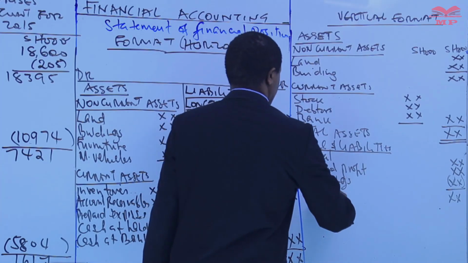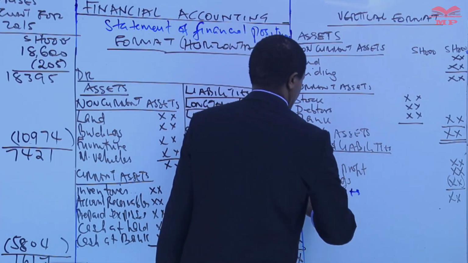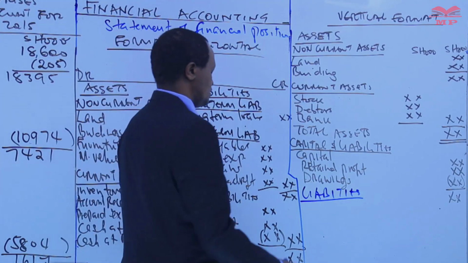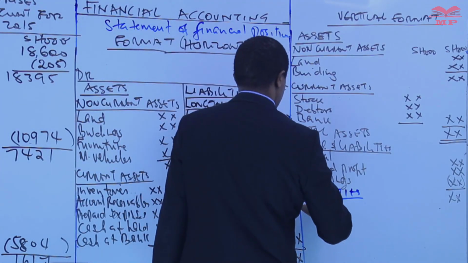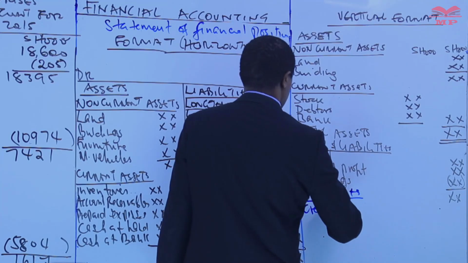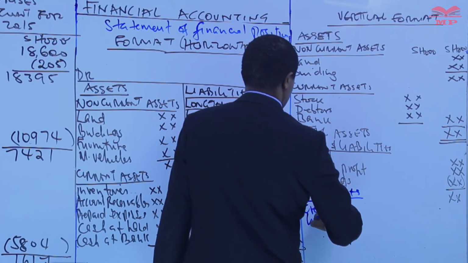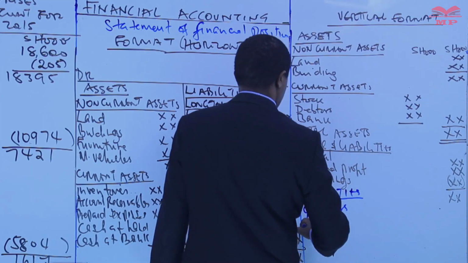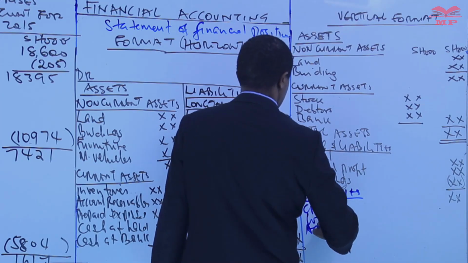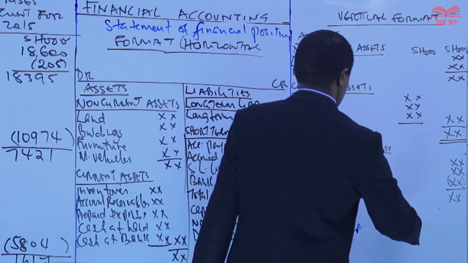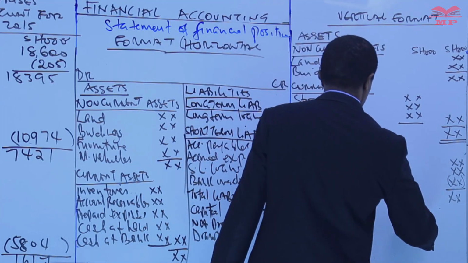Then below this capital, we have liabilities. For example, creditors, loans, accrued expenses. So we have the liabilities there.